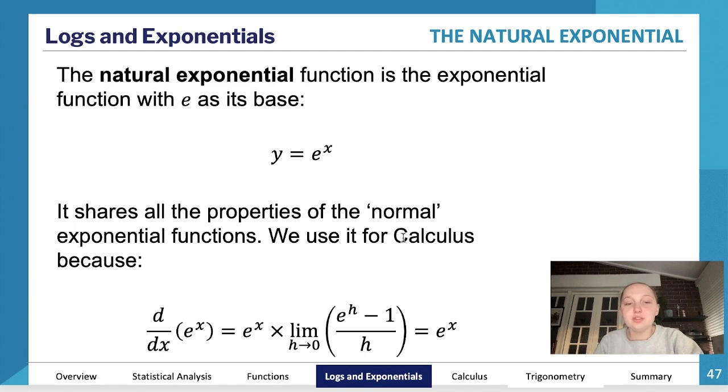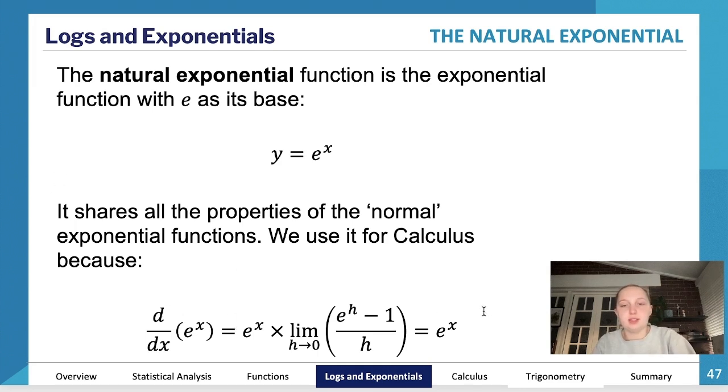And you use it for calculus because the derivative of e^x is e^x, because our constant of proportionality with e means that this constant will become 1, so it just becomes e^x times 1, which is equal to e^x. Okay, so it's super important that you understand that the derivative of e^x is e^x. That's a super important differential principle to be aware of.